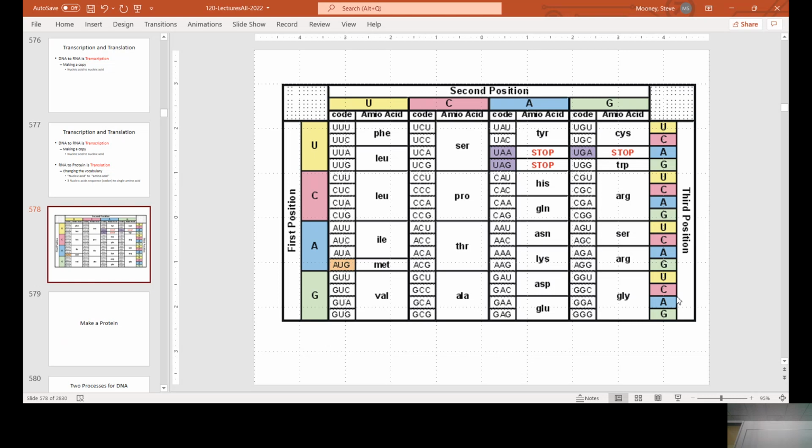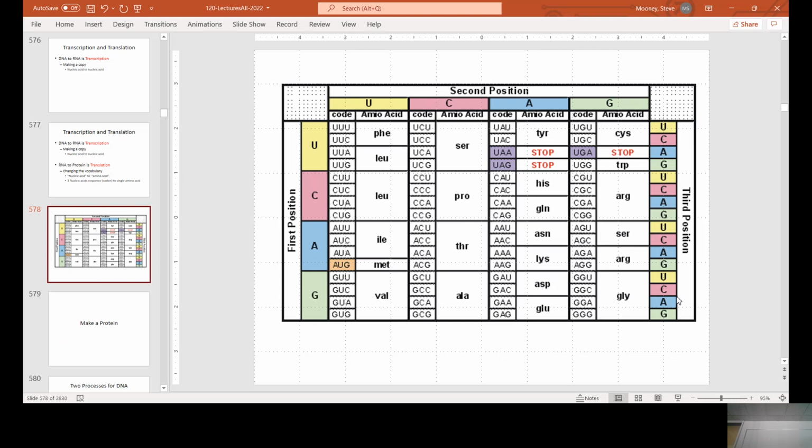But we have some other ones here, phenylalanine versus leucine. That third codon position becomes important. What's in that third position? If it's a uracil or a cytosine, it becomes phenylalanine. If it's an adenine or guanine, it becomes a leucine. So we have all 20 options here, some redundancy.